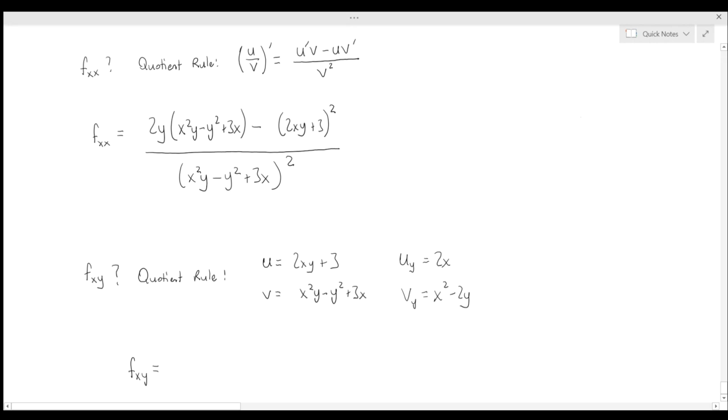And now we'll just plug everything into the formula for the quotient rule. Again, u prime and v prime will be played by the roles of uy and vy. So we're going to have uy, which is our u prime, times v.